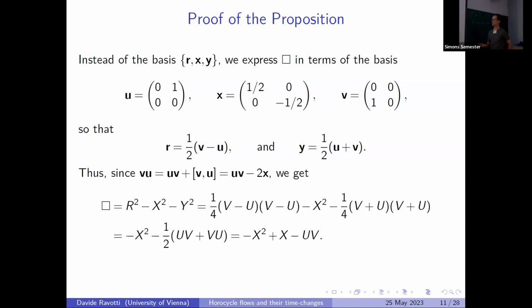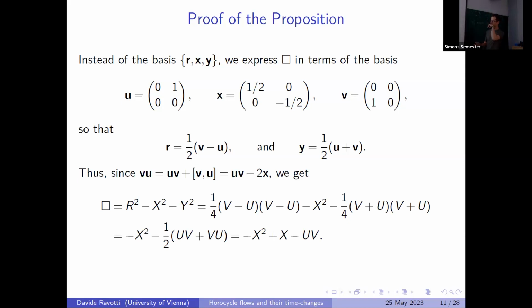If I do this, instead of R, I put 1/2 (V minus U), and instead of Y, I put (V plus U). So if I expand the bracket, I obtain this expression here. This expression would be exactly the Casimir with respect to this basis.